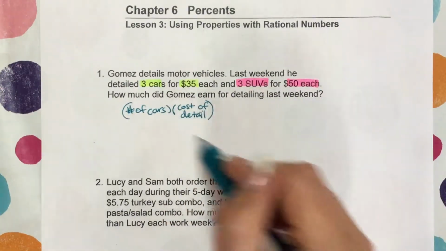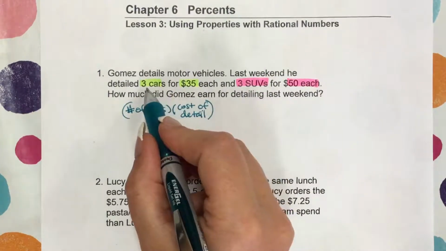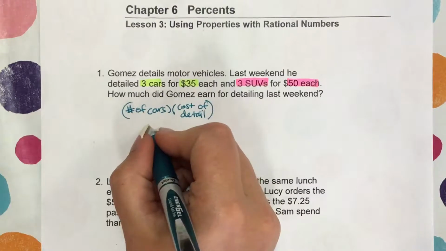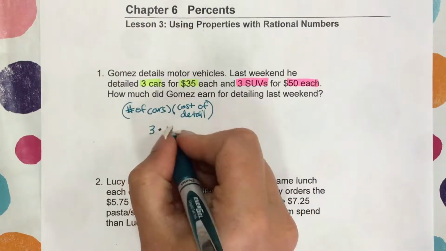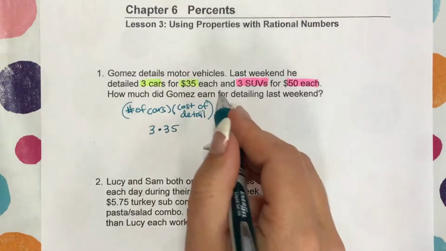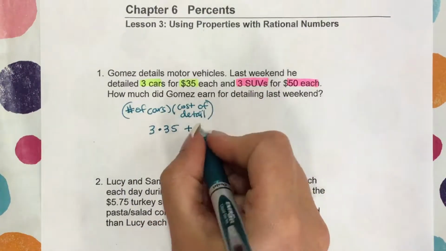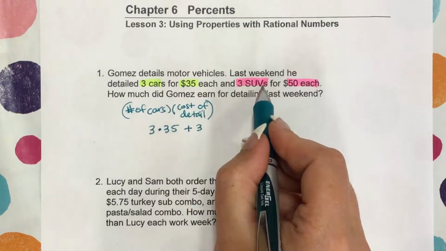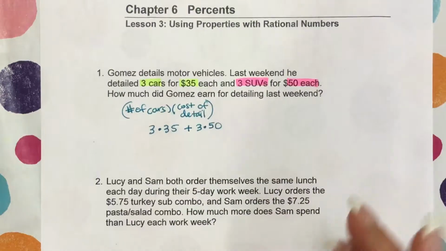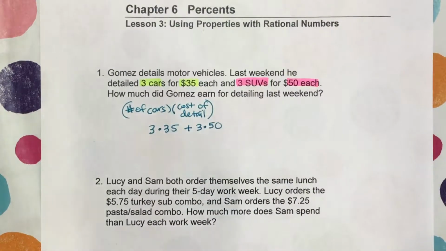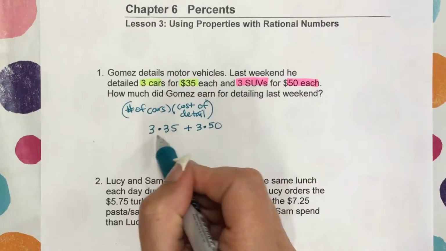So we're going to split this up into 2 different things. For this first part, he detailed 3 cars for $35, so we're going to multiply that by 35. And then to figure out the total cost, we're going to add that to the 3 SUVs he detailed for $50 each.